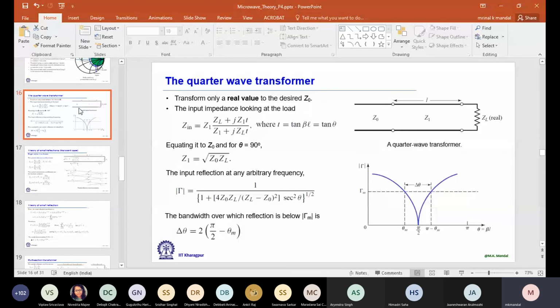So that's why we can use all these theorems, whatever we learn, by assuming a lossless network. In all these cases, we are considering a lossless network. So in fact, what are the design steps?